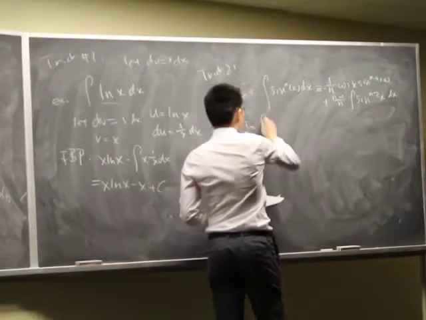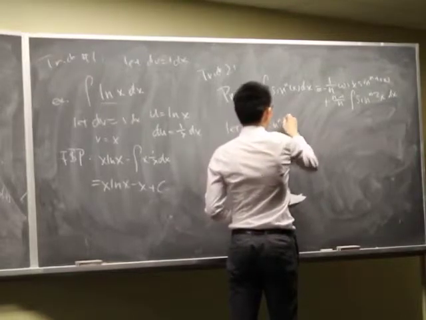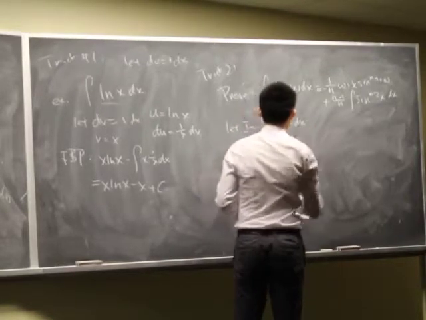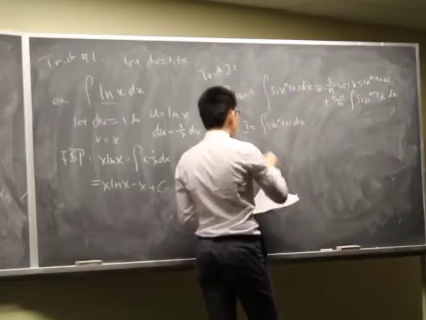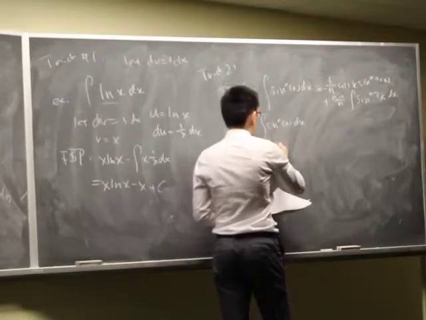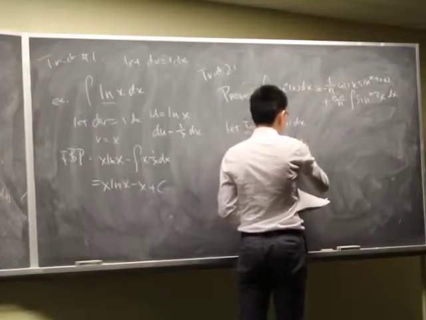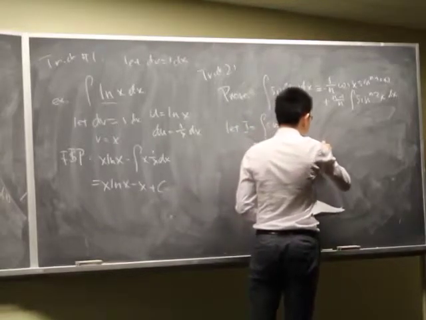Let I be equivalent to the integral of sin^n x dx. Then we integrate it once using integration by parts. It's equal to the integral of sin^(n-1) x sin x dx.